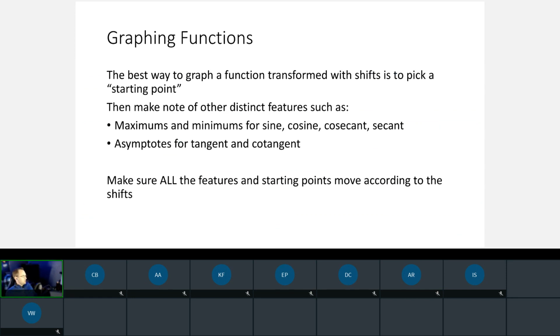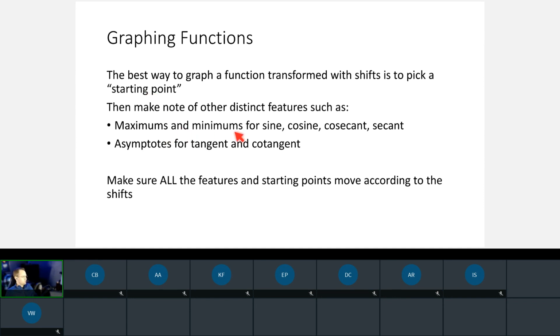All right, graphing. A lot of words on this page. I think the best way to graph these transformations is to choose a starting point. A starting point would be your parent function. Generally speaking, it's either the origin or y equals 1, 0, 1, depending if it's sine or cosine, or secant.